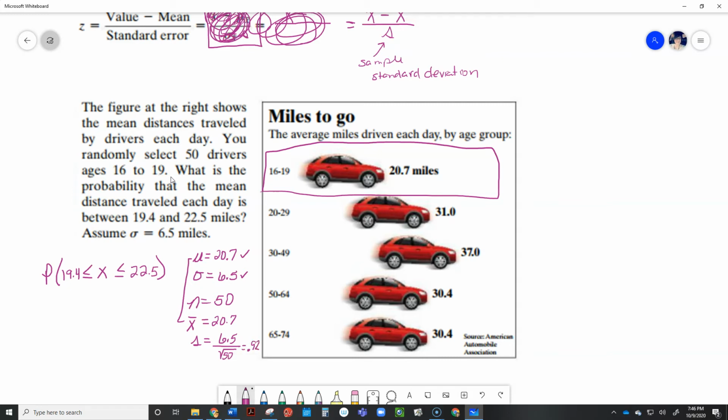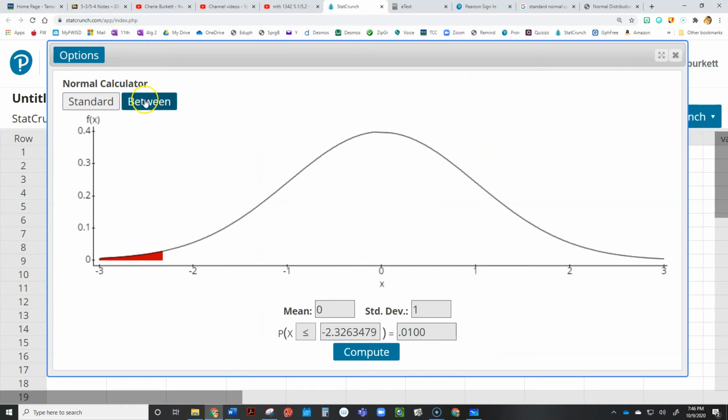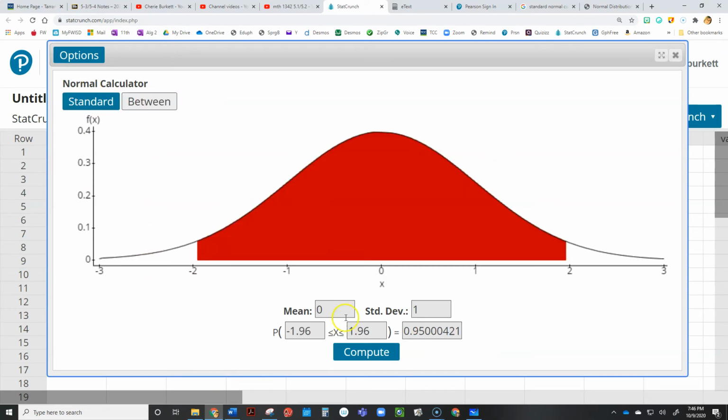So now when you go to StatCrunch and you type this in, you're going to be sure and use this number right here and this number right here in order to get the right answer. So we're going to go over to StatCrunch, and we're going to do between, because they want between.